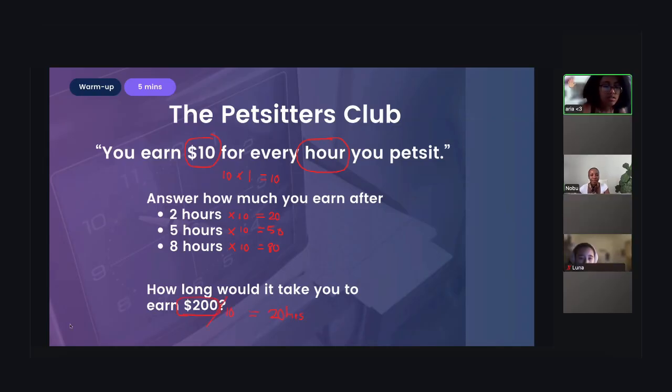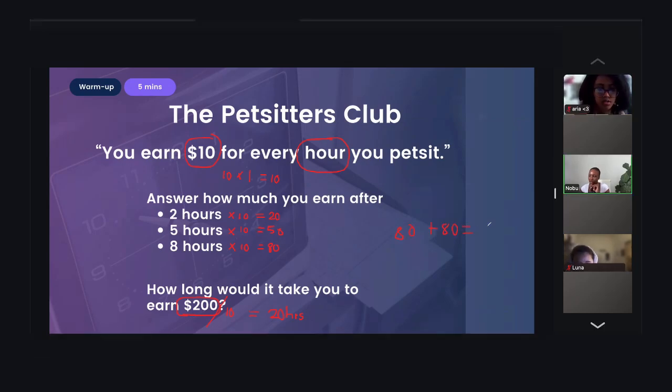If I'm correct, you have to add 80 plus 80, that equals 160, plus 40, that makes 200, and that makes $200. Okay, so she's saying 80 plus 80 is going to give you 160, and we know $80 is for 8 hours, right?